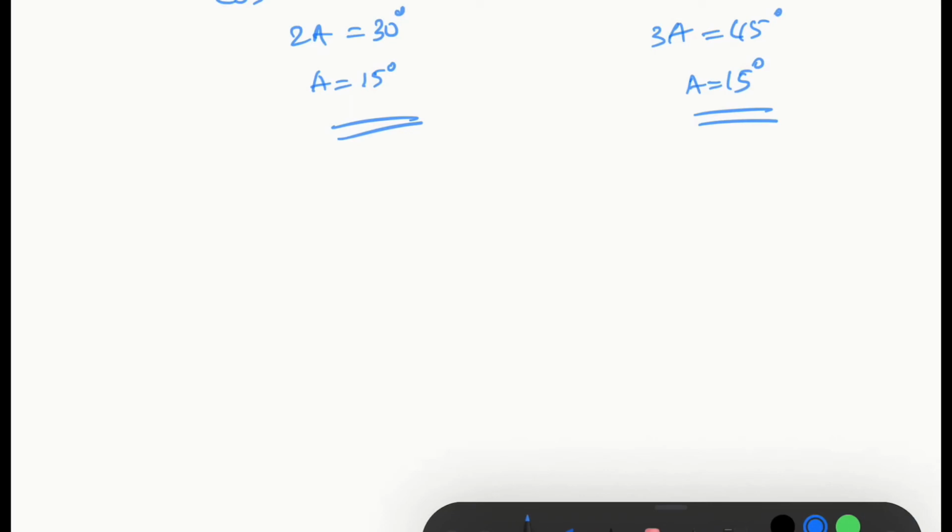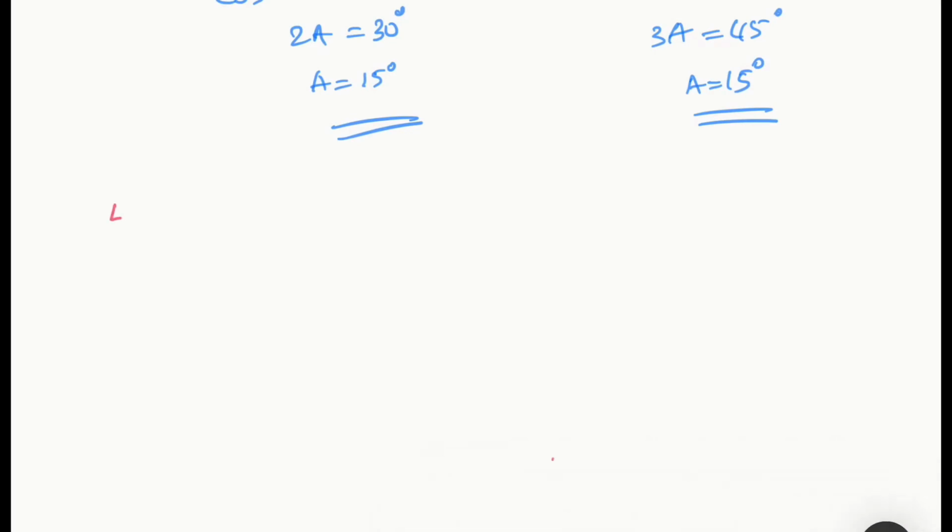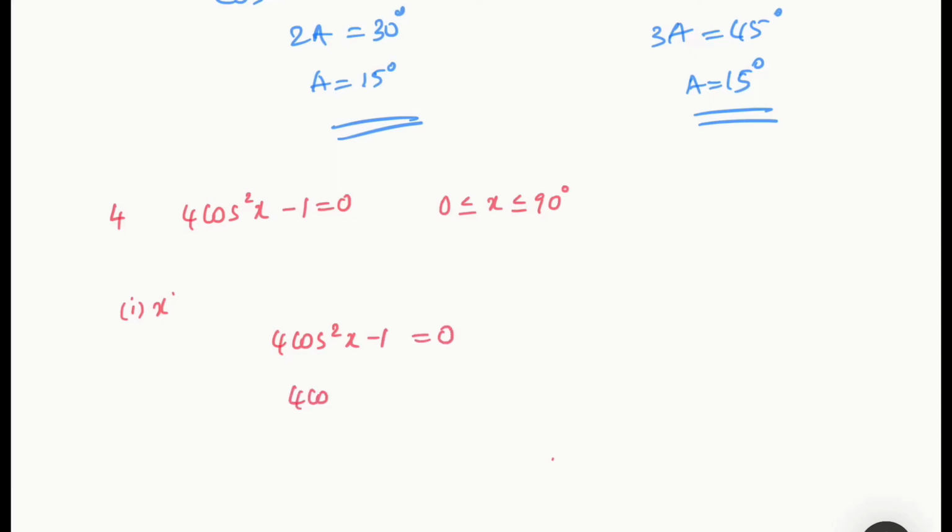Now let me do the fourth main. Okay. Coming to the fourth main. If 4 times cos square x minus 1 equal to 0, where 0 less than or equal to x less than or equal to 90 degree, find the value of. So let me find the value from this first. First sub question we need to find is x. Okay. So 4 cos square x minus 1 equal to 0 gives you what? 4 cos square x equals to 1.